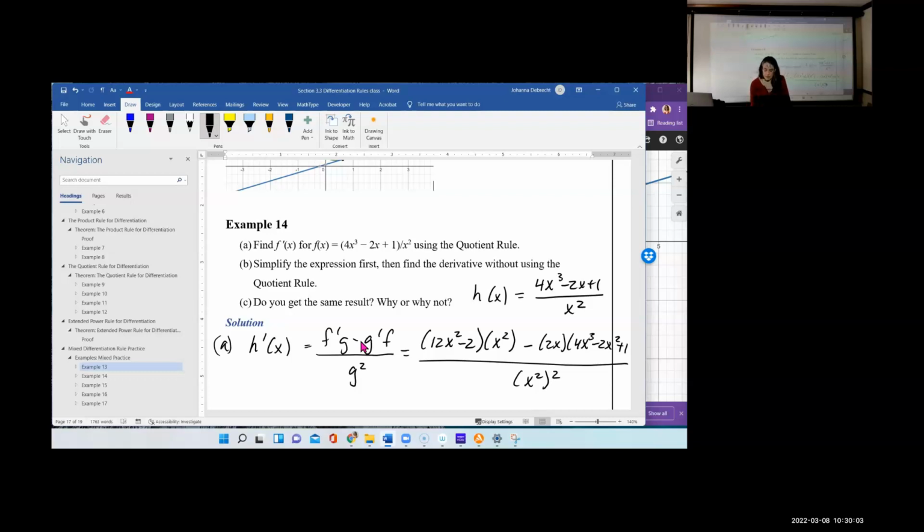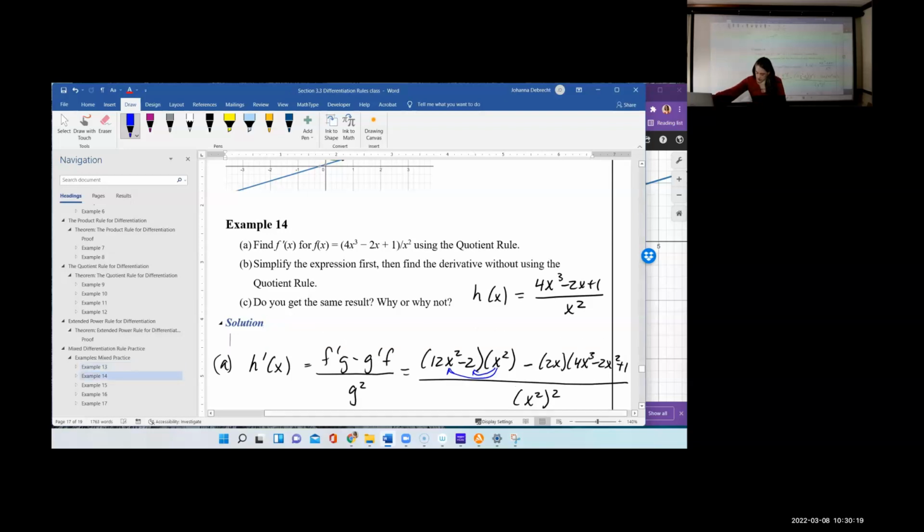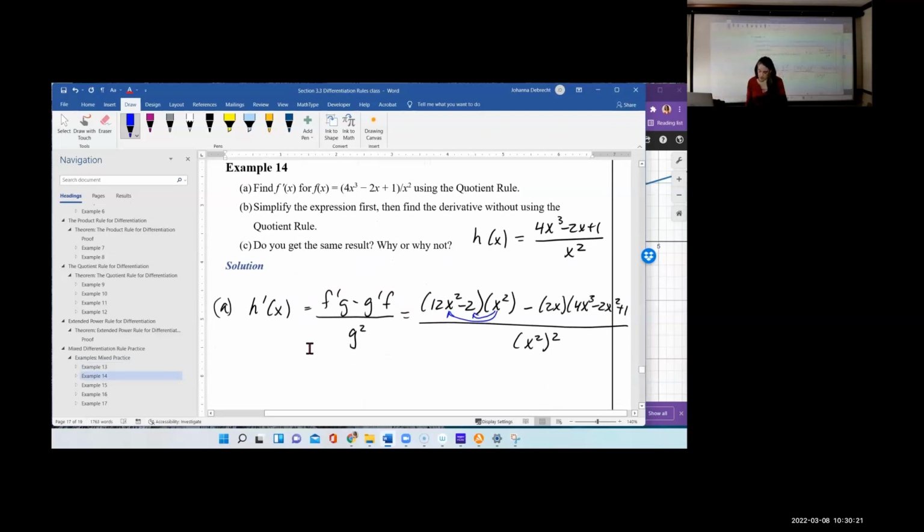Now, if you've left enough space, you can work above it and distribute some of this out. So x squared times 12x squared and x squared times -2, what will that give me? I want a little bit more space. Let's see if I can scooch it down just a little.